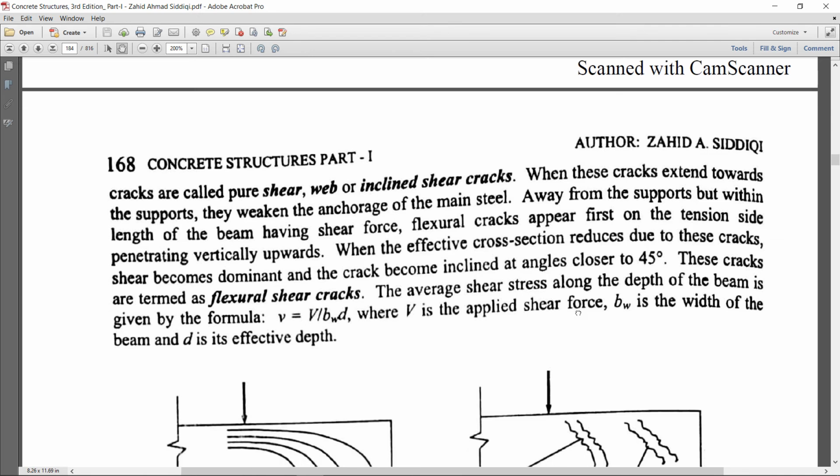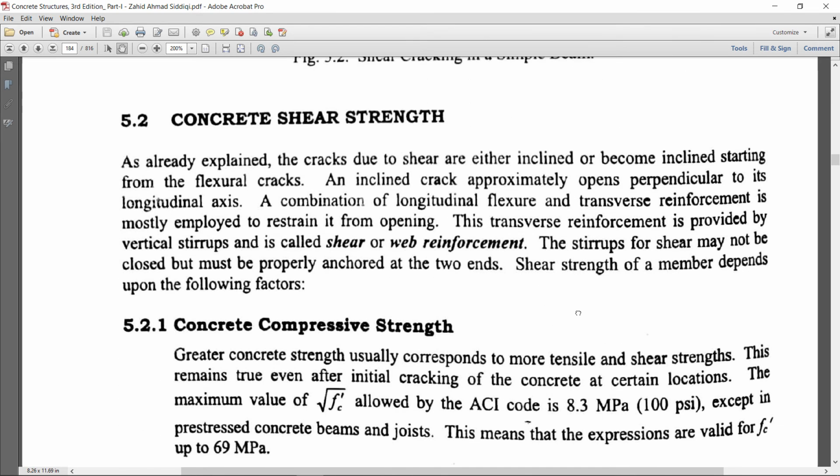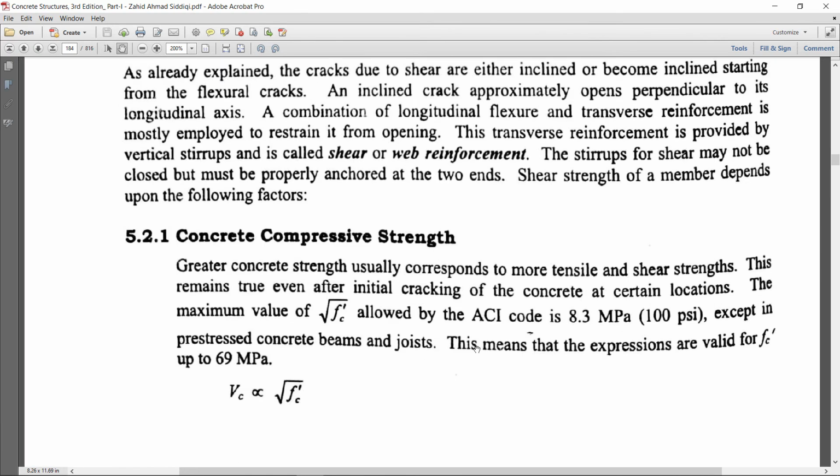I will briefly discuss some topics like what is concrete shear strength. Due to the compressive strength, concrete has the property of shear strength. Here is the concrete compressive strength, and how to calculate the concrete shear stress: it is under root fc prime, and the limit allowed by the ACI is 8.3 megapascal.